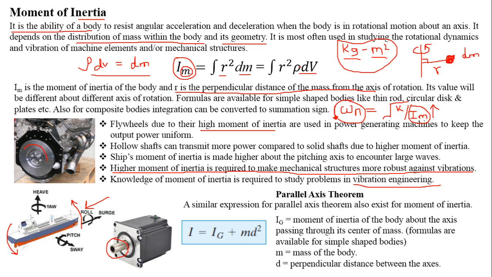And now if the body is made up of a single material, it will have a homogeneous, constant, uniform density. So you can take this out from the integral sign, and in that case this integration becomes simply the volume integral.